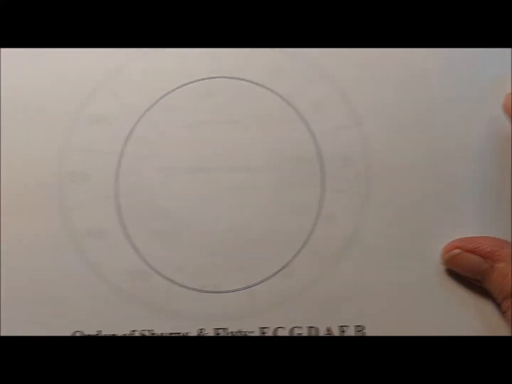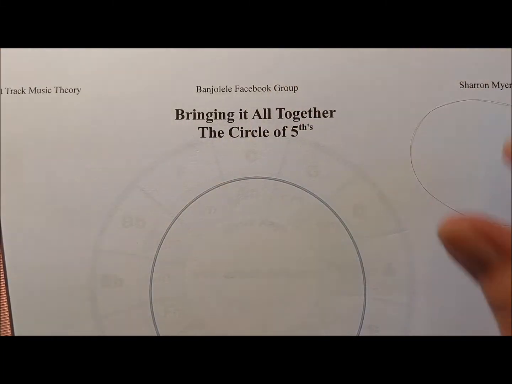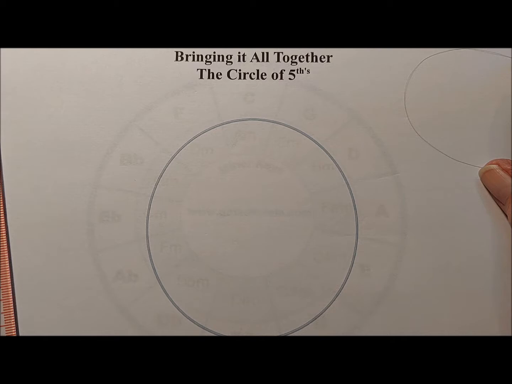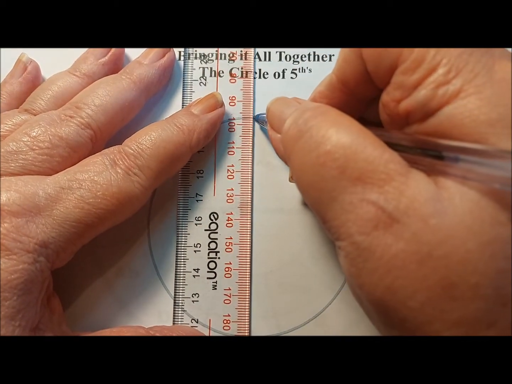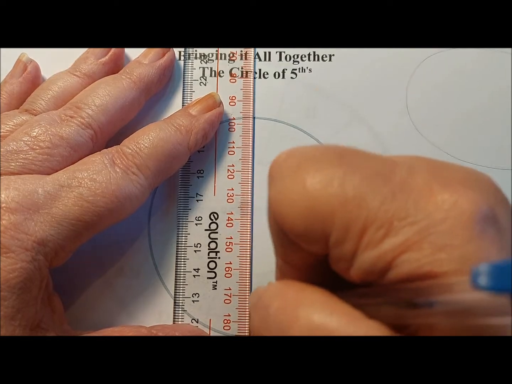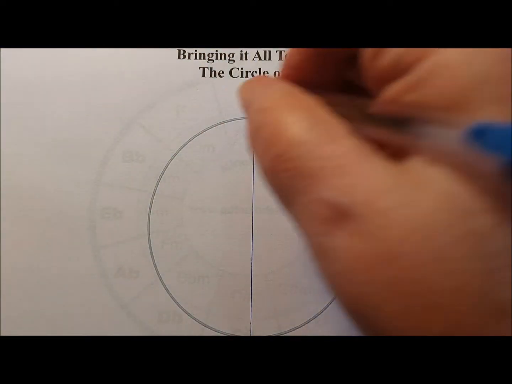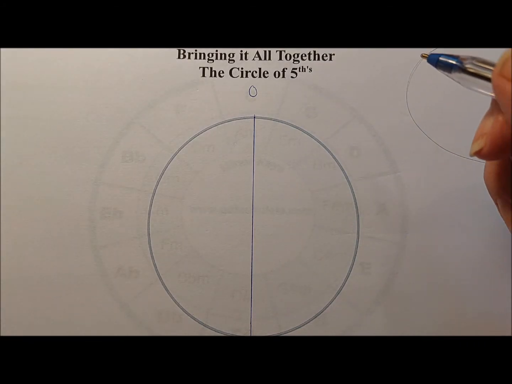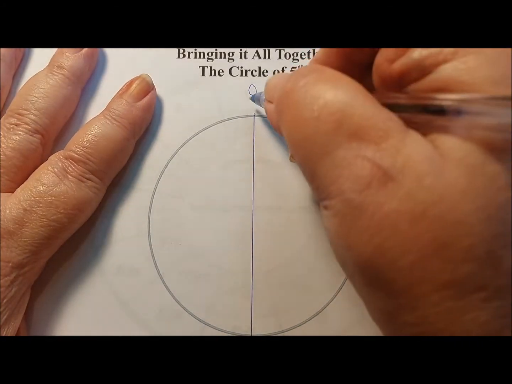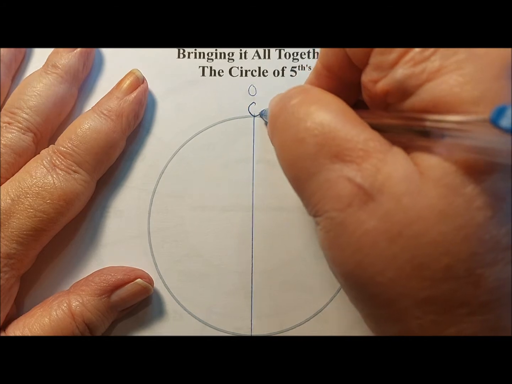Okay, so you're going to take a circle. We're going to bring it all together in what's called the circle of fifths, okay? So here's a circle. I'm going to draw a line down here, down the middle. So this is our 12 o'clock, or 0 standpoint. C is always here.